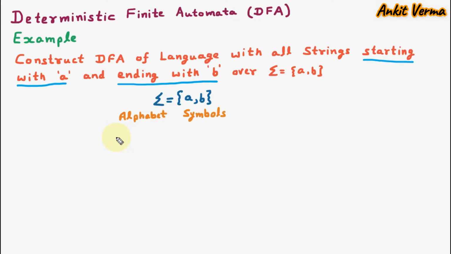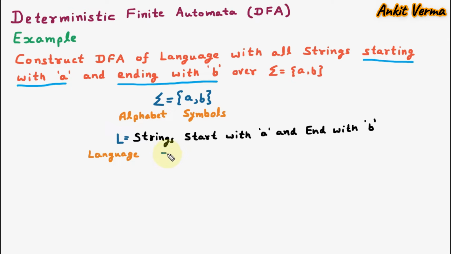Now we are going to generate the language. Here we take L, which signifies the language, and the language contains strings which start with A and end with B. We create the set of those strings.